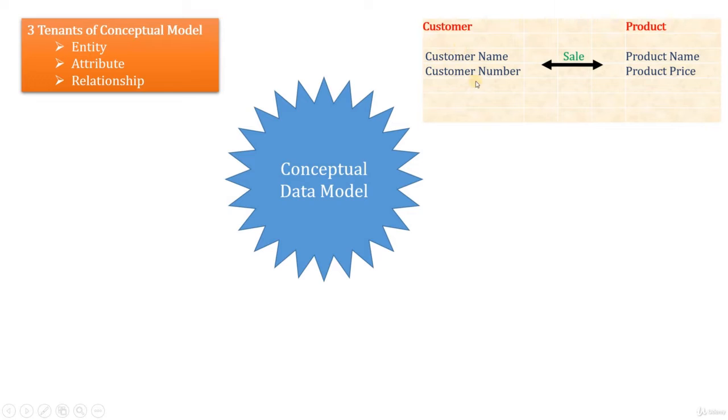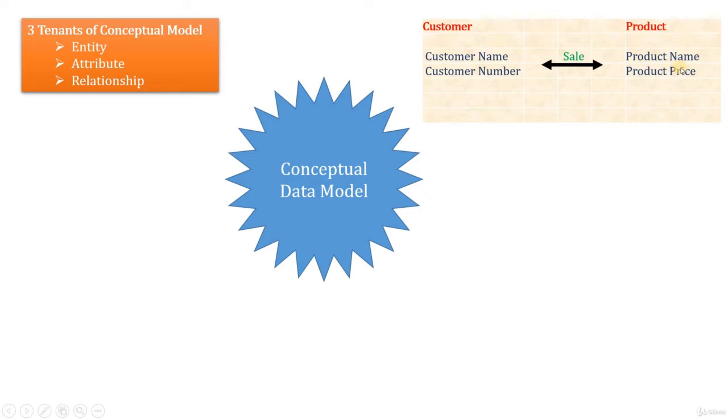So, as you can see here, the customer and the product are the two entities. Customer name and the customer number are the attributes from the customer entity, and product name and product price are the attributes from the product entity, and sale is the relationship. With the help of the sale data, we are going to connect between the customer name and the product name.